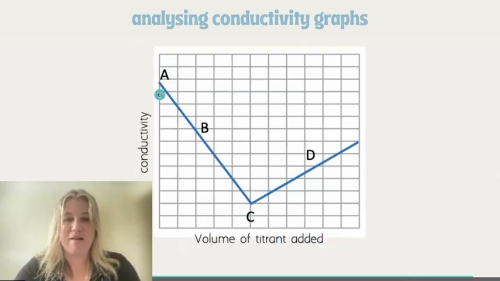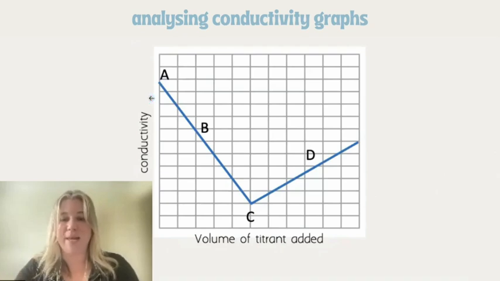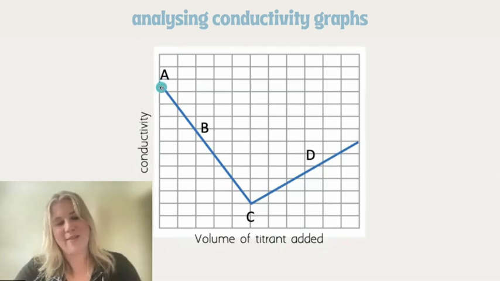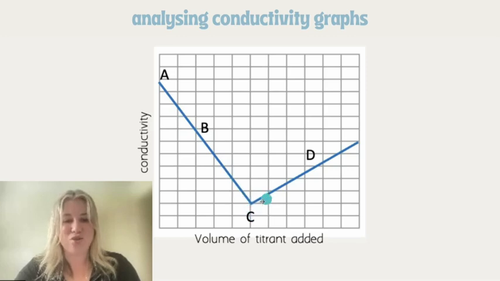So in our conical flask or our beaker where our analyte is, this is our initial starting conductivity. As we add the titrant and the reaction starts to take place, we see a drop in the conductivity, and this is heading towards the endpoint. At C, there's a drastic change in the conductivity, and so C is where our equivalence point is.